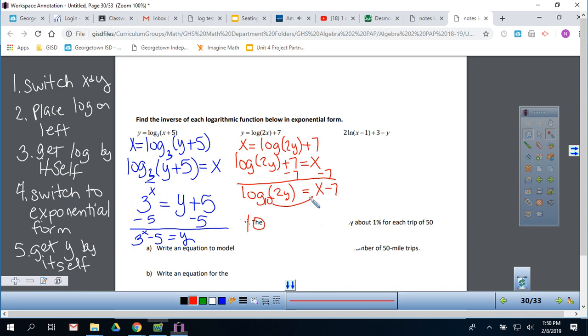So 10, and this is my exponent, so x minus 7 equals 2y. Should I divide by 2? Now divide it by 2. Now don't divide the base. This is like our a, so it's our a that's in front. You can either leave it like that, just know that you're not going to take 10 divided by 2.